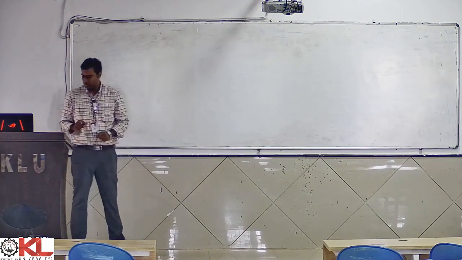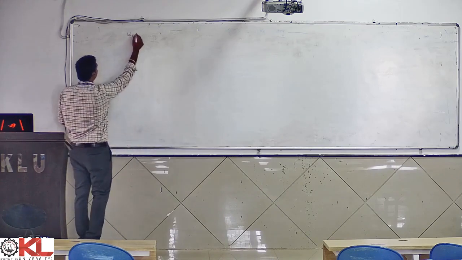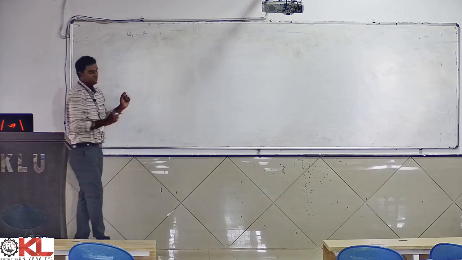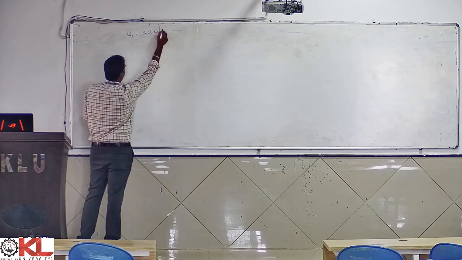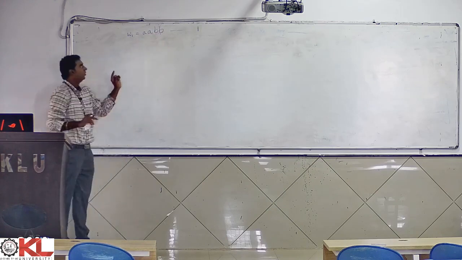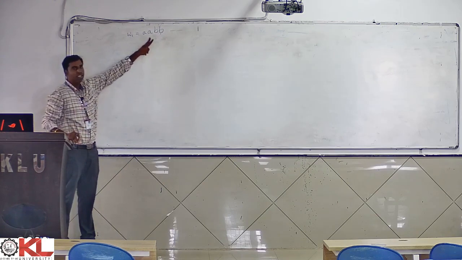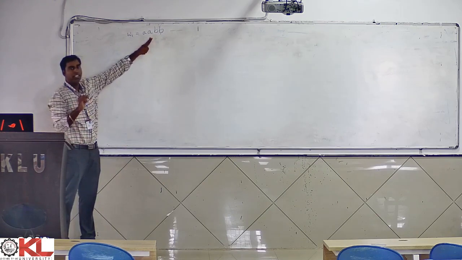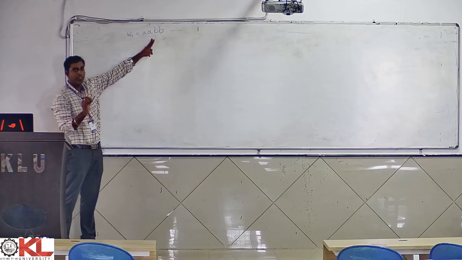So we are taking the input string. The input string is given by the word W, which is AABB. For our understanding purpose, the small letters are terminal words and the capital letters are non-terminal words. What is a terminal word? It cannot be further derived, it is an individual word.